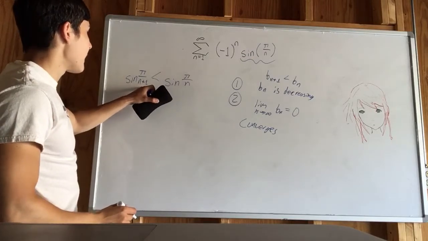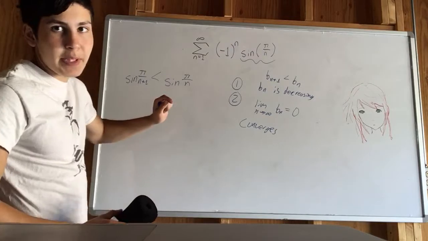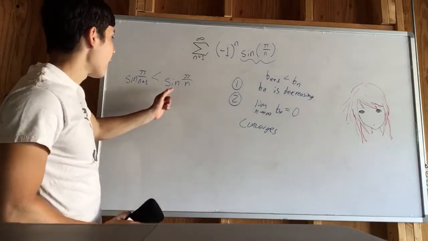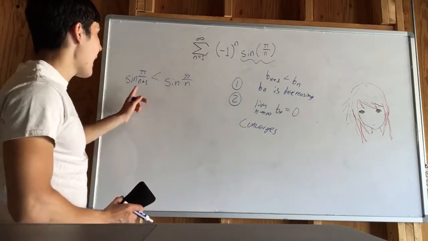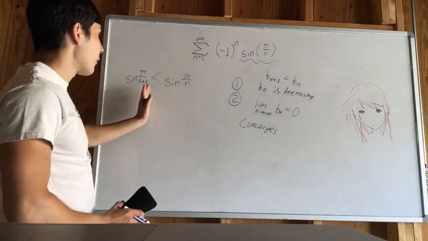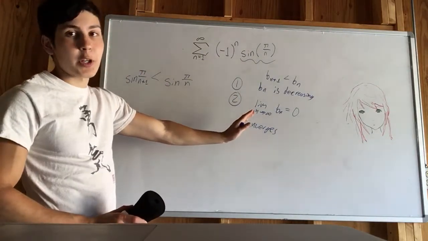So would this be less than? First of all, it doesn't have to be less than this for all terms that you plug in. It has to be less than this one for all the terms that matter, so for pretty much most terms.